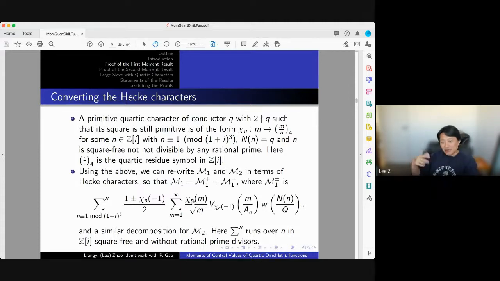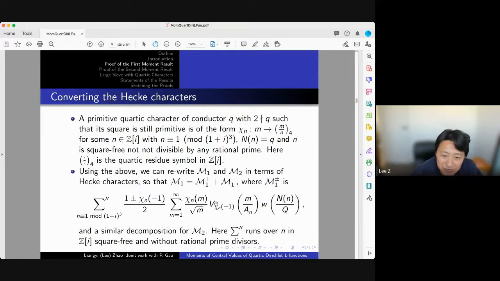Then we can rewrite the sum that we had above, from the previous slide, as this. So M1 can be rewritten as M1 plus and M1 minus, where M1 plus and minus is written here.